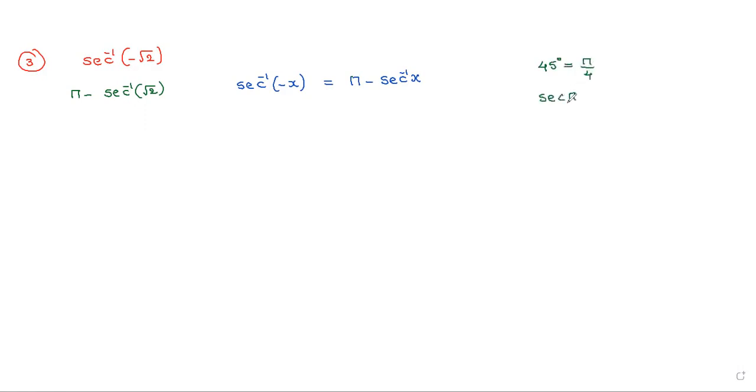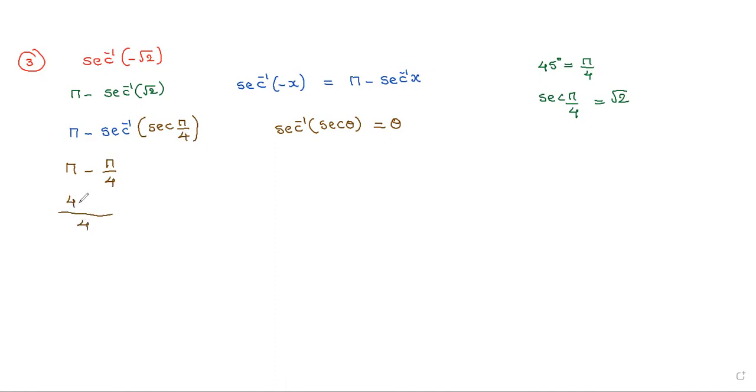Secant pi by 4, 45 degree, value root 2. So root 2 is replaced with secant pi by 4. What is the formula? Secant inverse of secant theta is equal to theta. So pi minus theta, where theta value is pi by 4. LCM is 4, cross multiplication, 4 pi minus pi, 3 pi by 4.